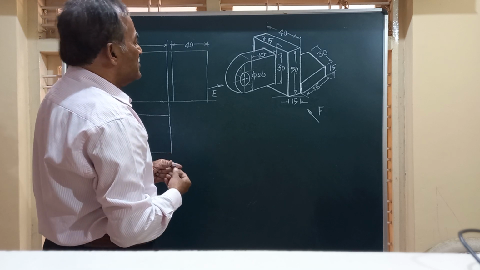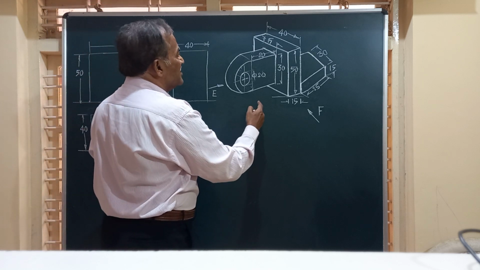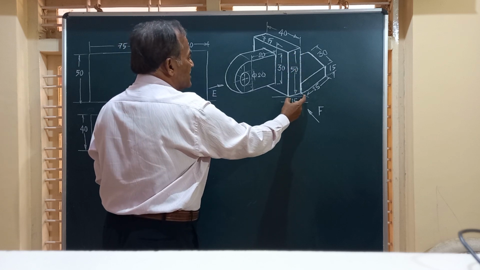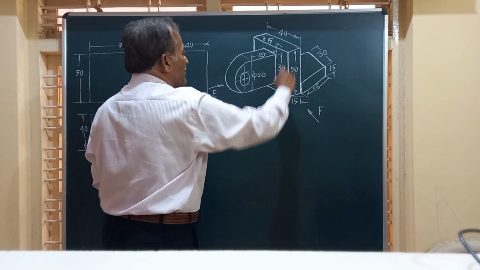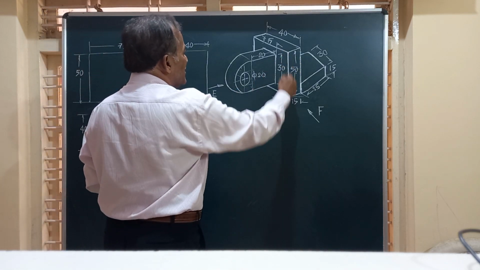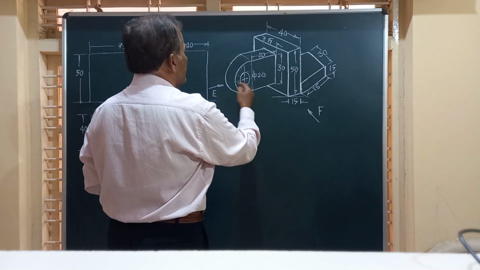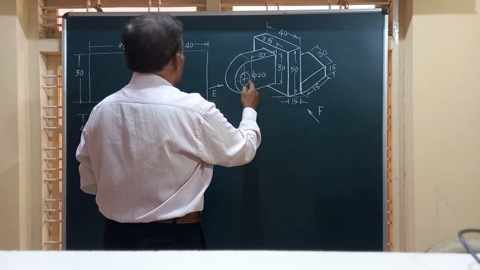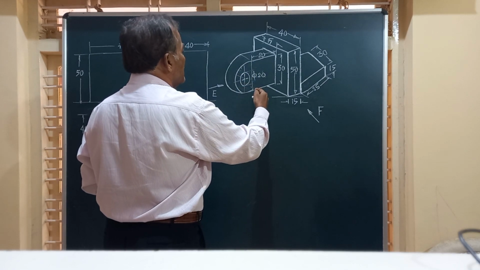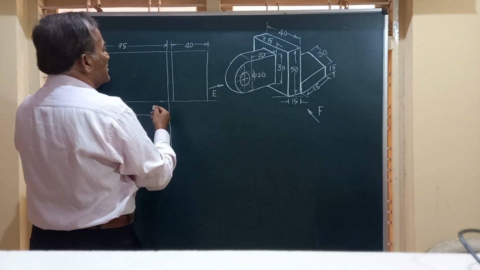So friends, we can start from this vertical rectangle which has dimension 15 by 50. Let us start from this end only. In the front view, you are going to have a semicircle at a distance from there.